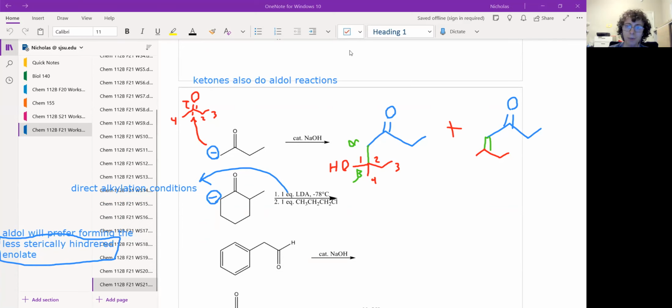And then it will react with our alkyl halide, which looks like this. So it does this SN2 attack. It's a propyl group here. So that was that.